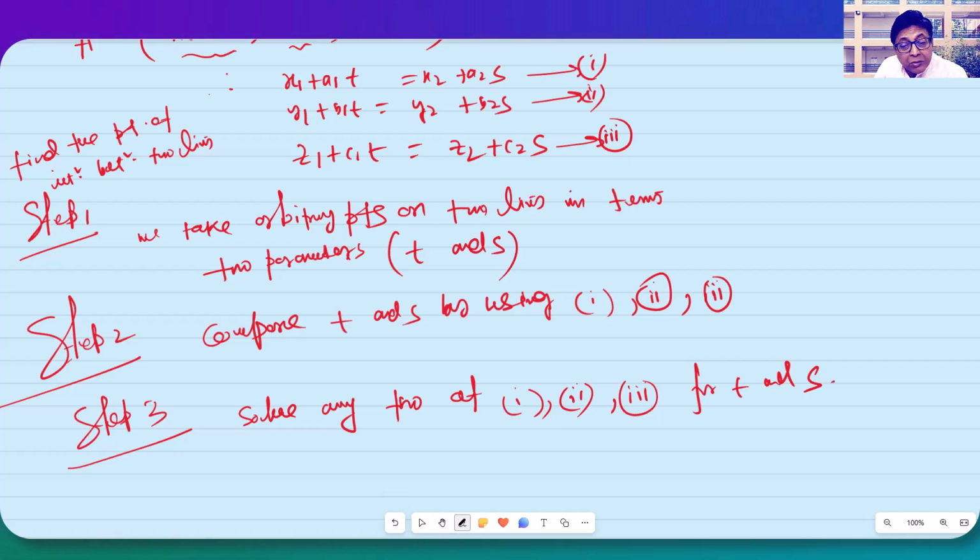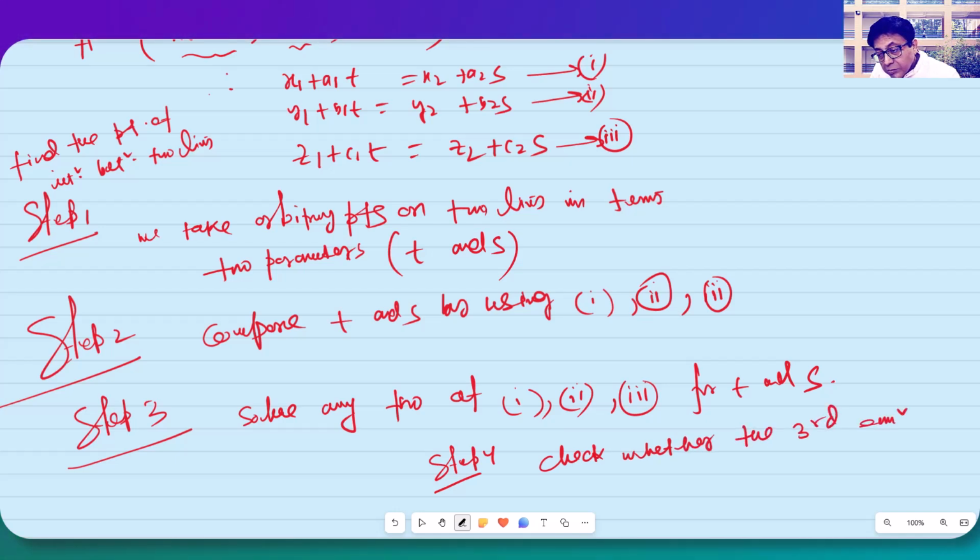Now what to do? Check whether the third equation, this equality, is satisfied. If you have solved these two, then the third one is going to be number 3 here.